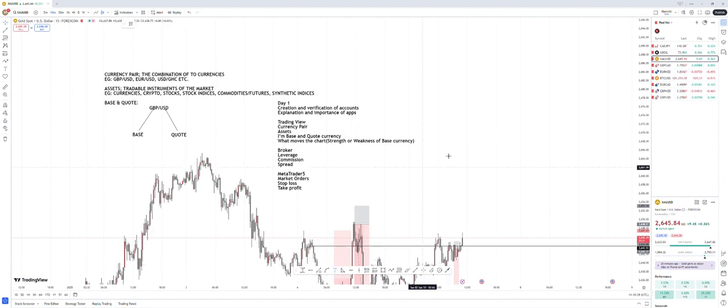So let's say you have a $100 account, and then you are using a leverage of 1:2,000. Meaning you have about $200,000 representation in the main market, so you can take a lot of trades.